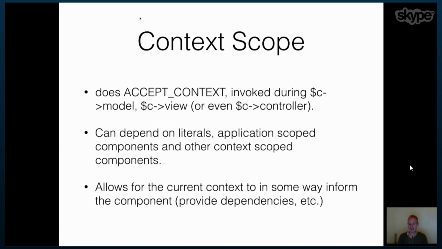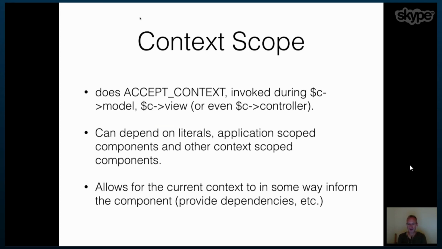What that means is that every single time you request it in your application, it will call the accept context method and pass context. And then within a context scoped component, it can have access to the context, so you can depend on literals, actions, other application scope components, even other context scope components. It gives you a way for letting your model have aspects of the context available.